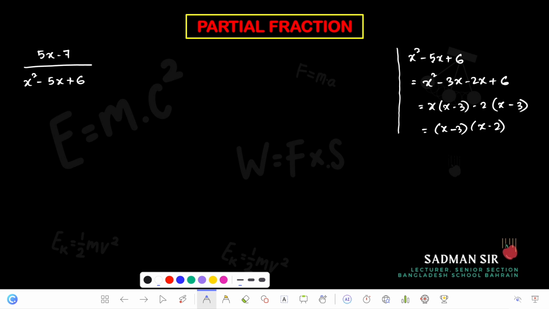So this x square minus 5x plus 6 can be replaced by x minus 3 and x minus 2, right? So 5x minus 7 divided by x minus 3 into x minus 2. Then we can continue our calculation, like x minus 3 will be here, and x minus 2 will be there, and a and b, and then the operation will be the same as the previous one.